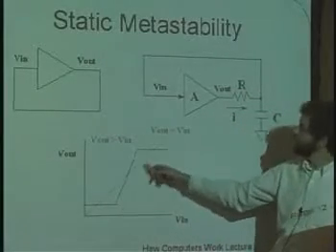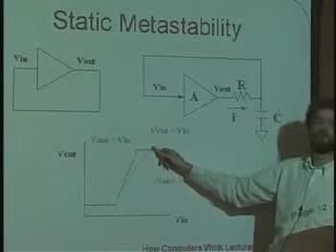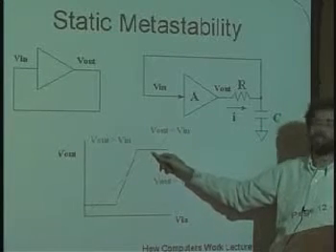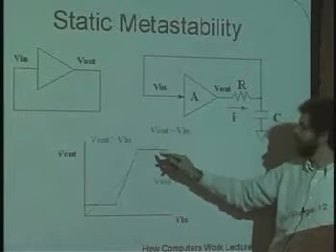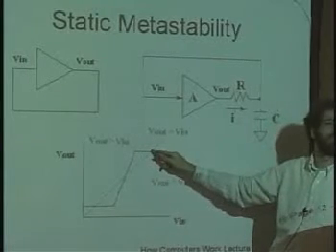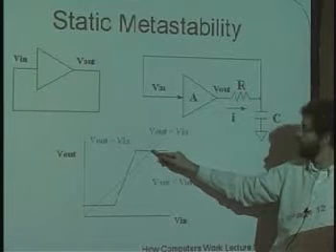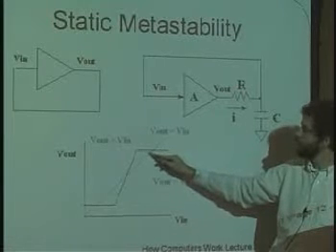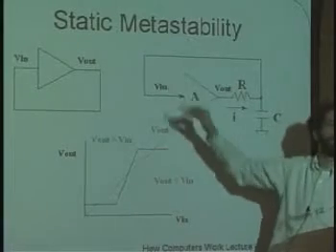And you'll notice that they cross in 3 places. This place over here is what's called the stable high state. In other words, this circuit is capable of latching a high value right here. And if, for whatever reason, because of leakage or noise or whatever, the voltage begins to decrease a little bit, the amplification of the buffer will push it back up.